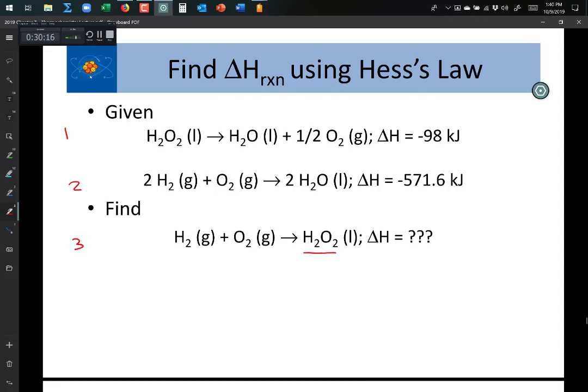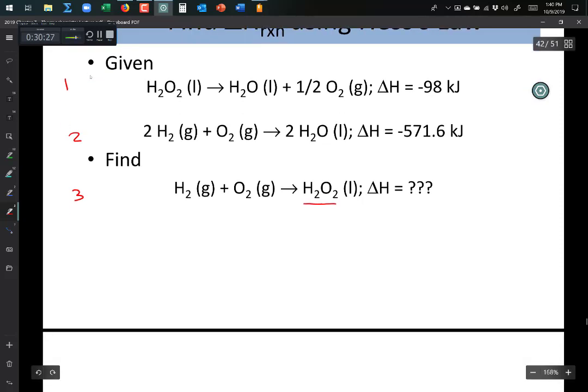So in reaction 3, I can look at H2O2. That's the right edge of my picture. It's on the left side of that equation. So what I have to do is flip it around. So I'm going to go H2O liquid plus 1/2 O2 makes H2O2.